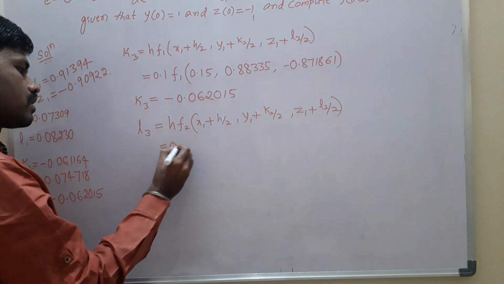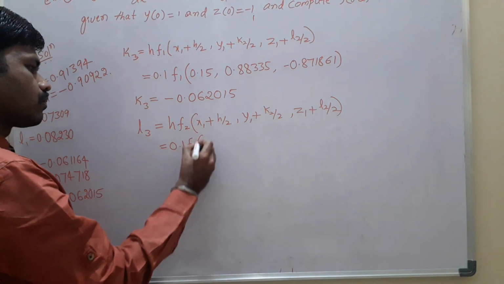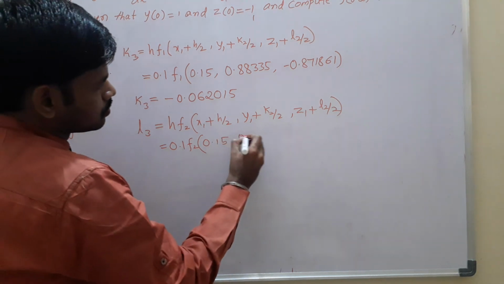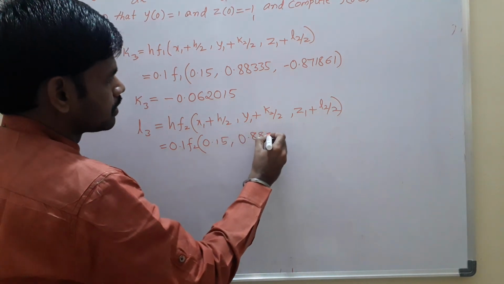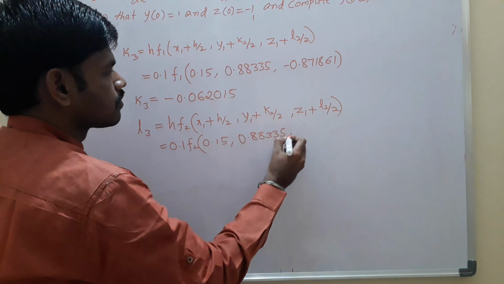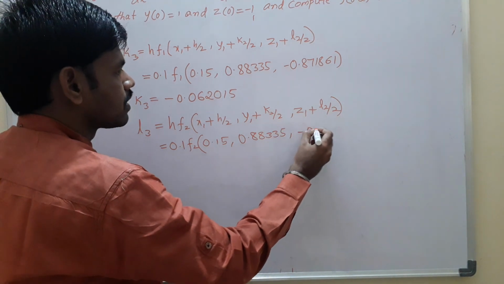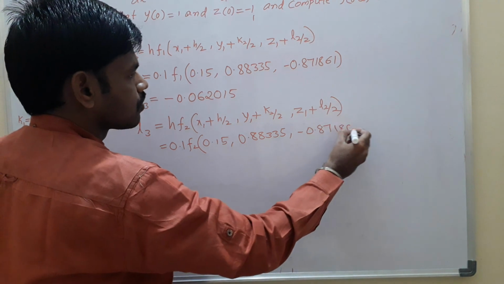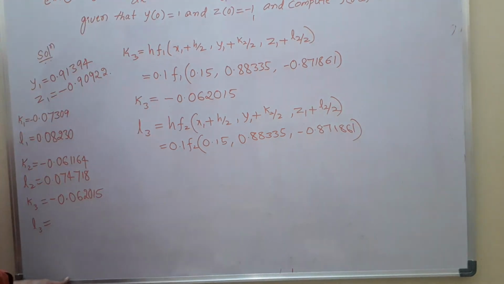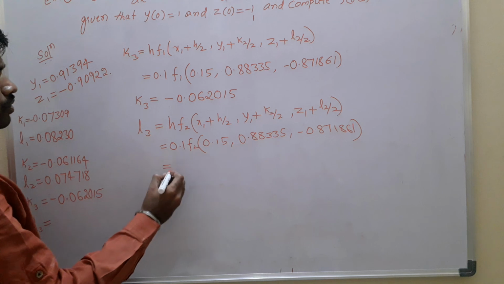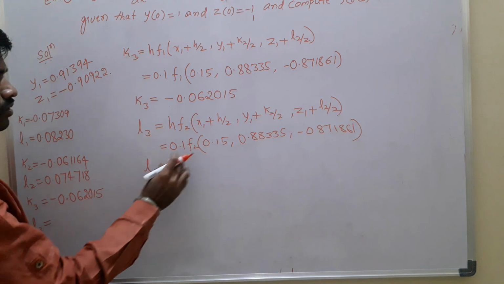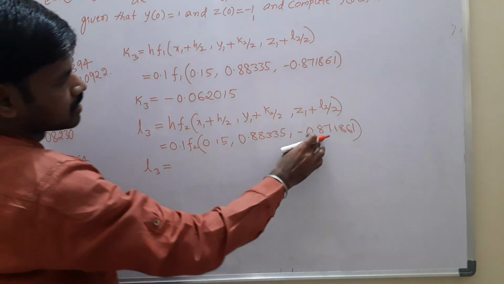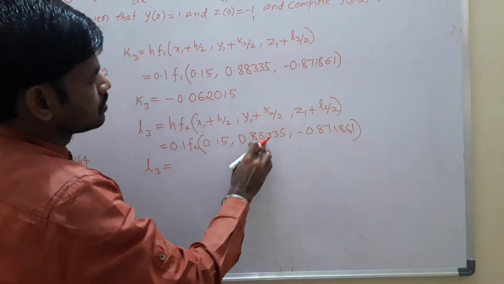So that is 0.1 f2, 0.15, 0.88335, minus 0.871861. So L3 equal to, the second function, that is xz plus y, x is this one, z, and add this one.